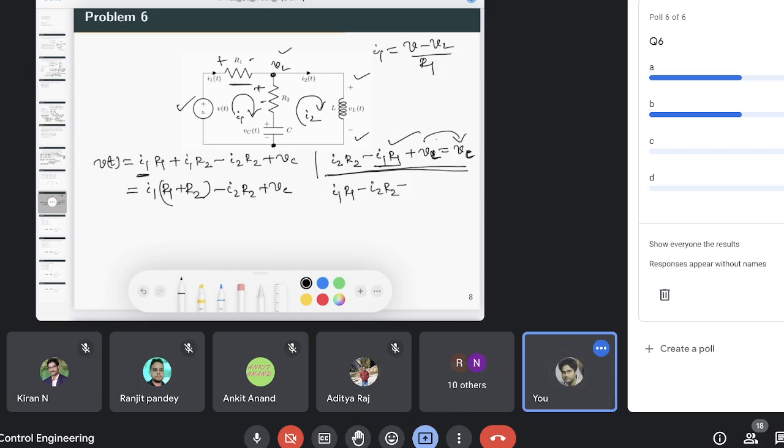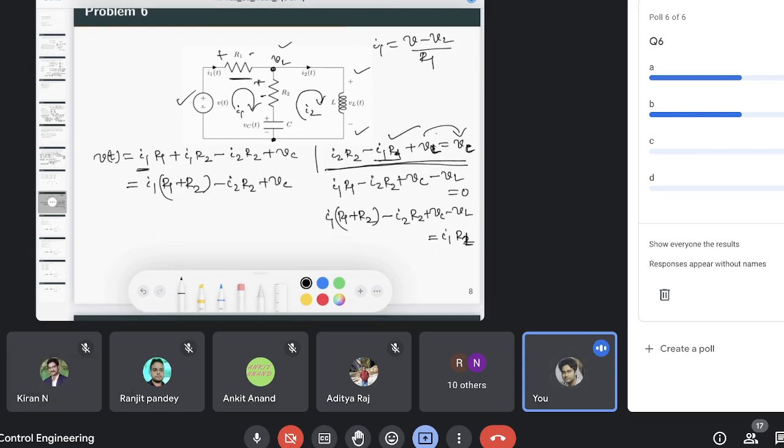So this is Vc minus VL equal to 0. I can add I1 R2 on both sides, so it will be I1 (R1 plus R2) minus I2 R2 plus Vc minus VL equal to I1 R2, because this resistor is R2.